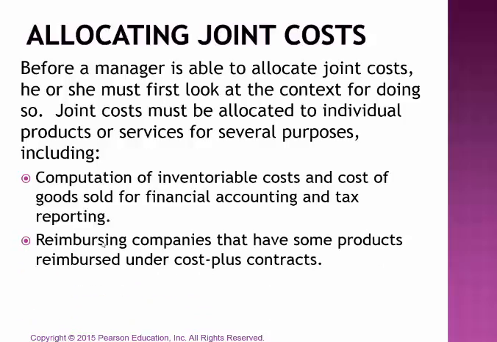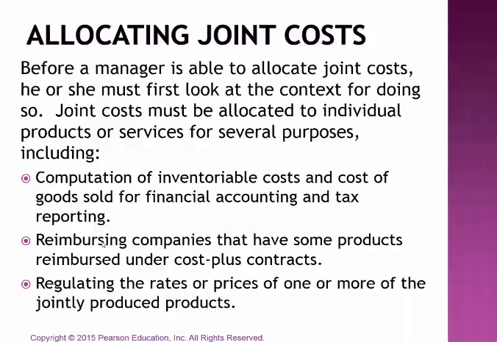We also have to do it for reimbursing companies that have some products reimbursed under cost-plus contracts. Okay, so if we are trying to get someone to reimburse us, we of course are going to be allocating cost and showing those costs to those parties that need to reimburse us.